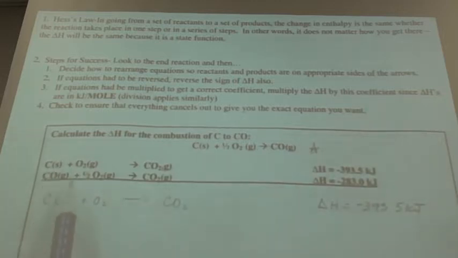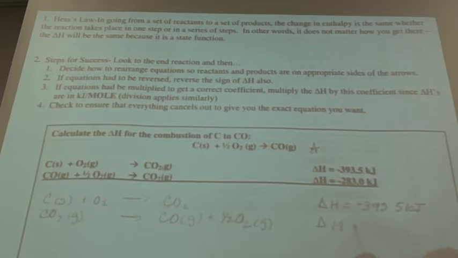Now I look at this one. This is carbon monoxide as a reactant, and in my target I want carbon monoxide as a product. So I'm going to flip this one around. CO2 will be the reactant, carbon monoxide, and 1/2 oxygen will be the products. So I'm going to flip the sign of delta H as well.